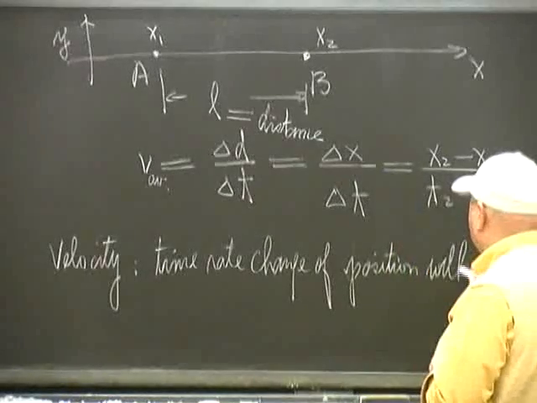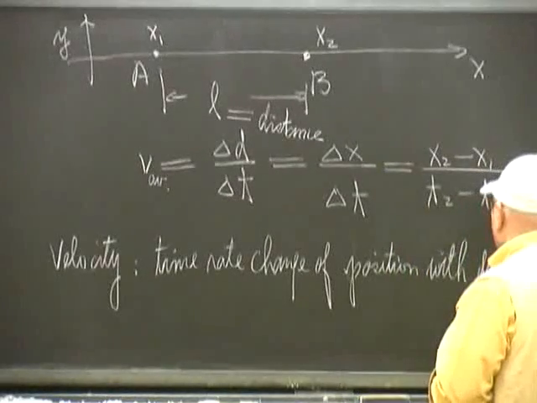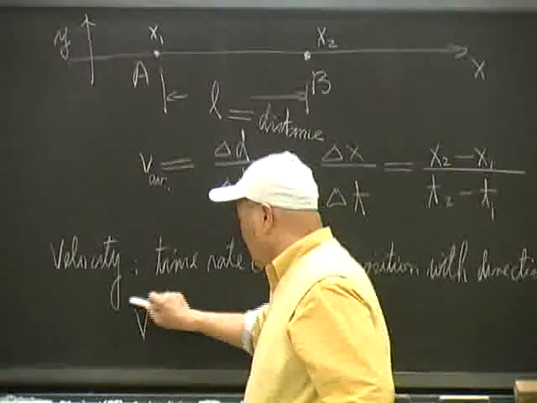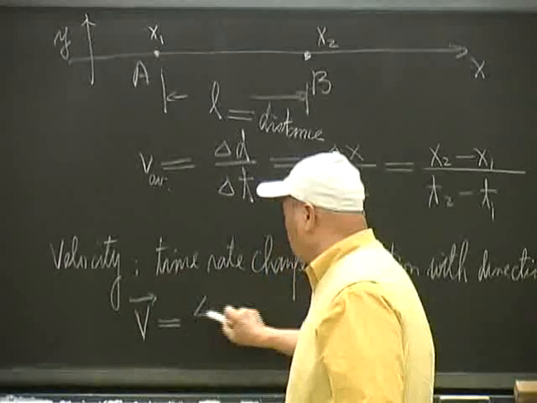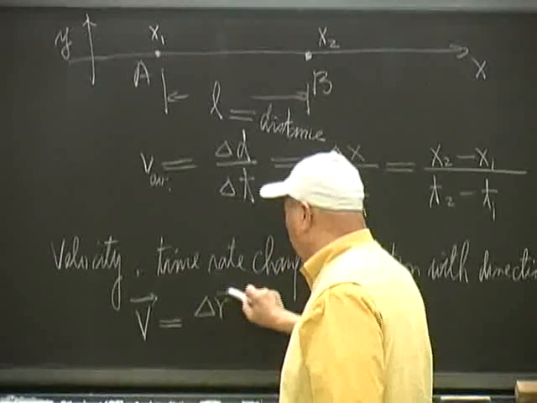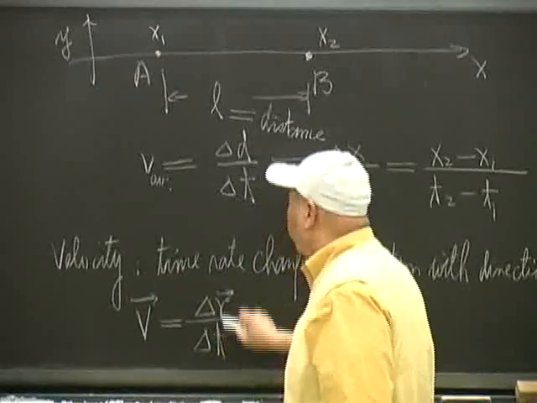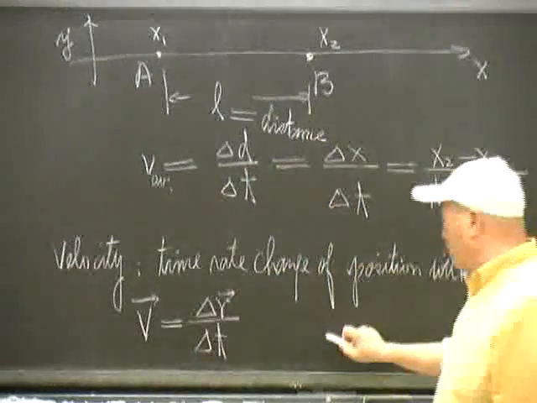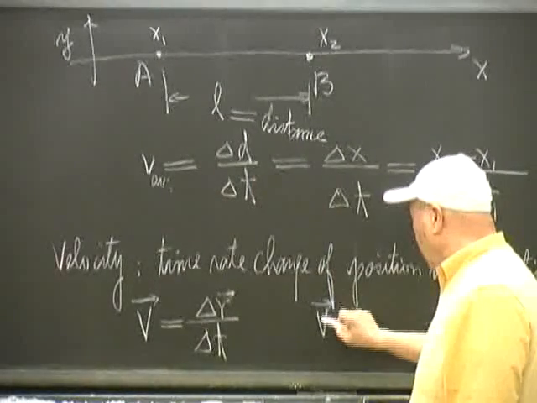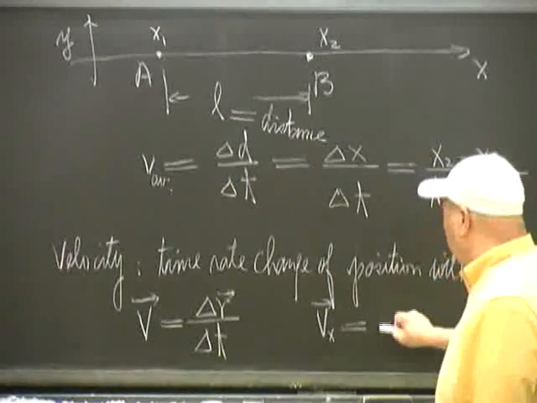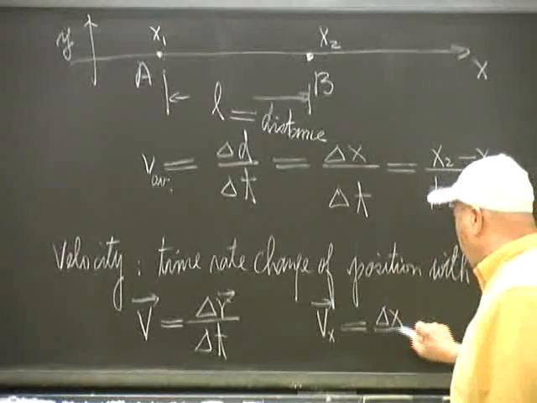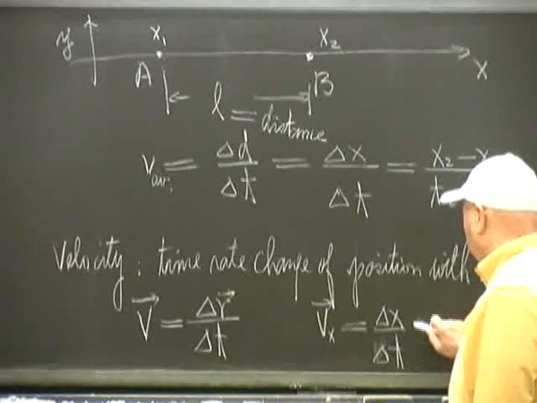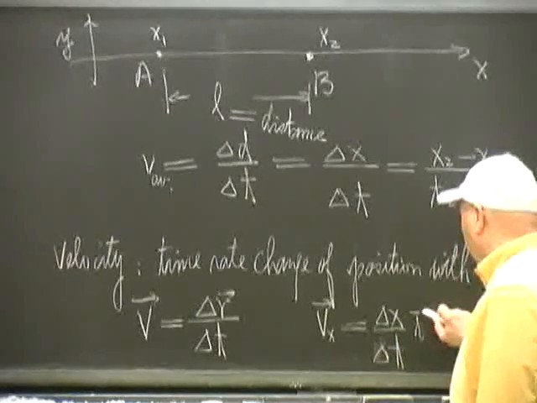So usually we associate V with delta R over delta T. For this particular case, it's only along the x direction, so we can say V along the x direction is equal to delta x over delta t along the x direction, in which case we use the unit vector called i.